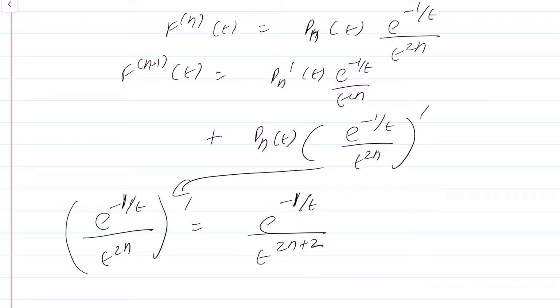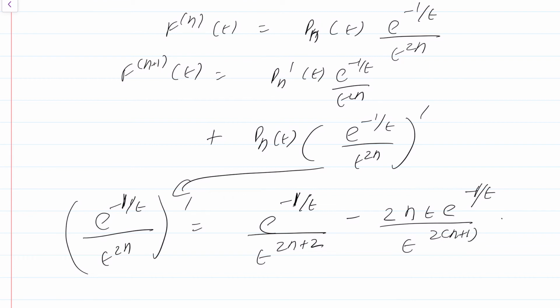This 1 by t squared I'm attaching to the denominator, plus the derivative of 1 by t power 2n, which is going to be minus 2n t times e power minus 1 by t divided by t power 2 into n plus 1.